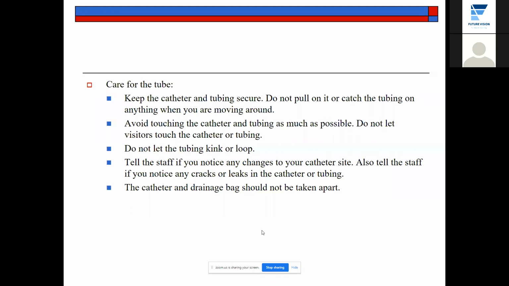Thank you. Blood. Swelling. Discharge. Pus. Bleeding. Catheter out. High temperature, also secretion, pain.